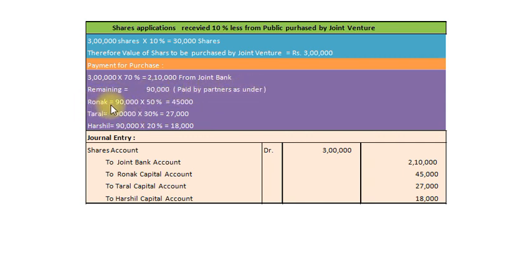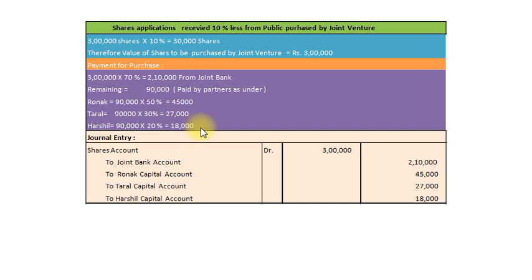Ronak paid 50% of 90,000, that is 45,000. Taral paid 30% of 90,000, that is 27,000, and Harshil paid the remaining 20% of 90,000, that is 18,000. So like this, 70% amount was paid from joint bank and 30% amount was paid by co-venturers: 45,000 by Ronak, 27,000 by Taral, and 18,000 by Harshil.